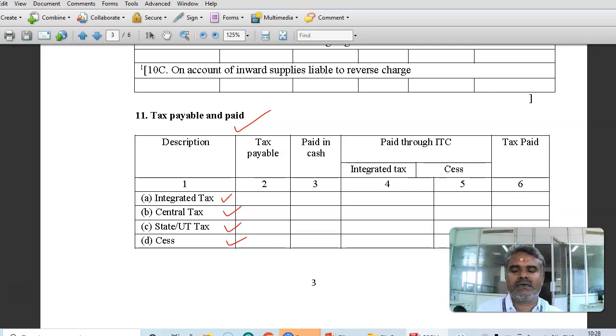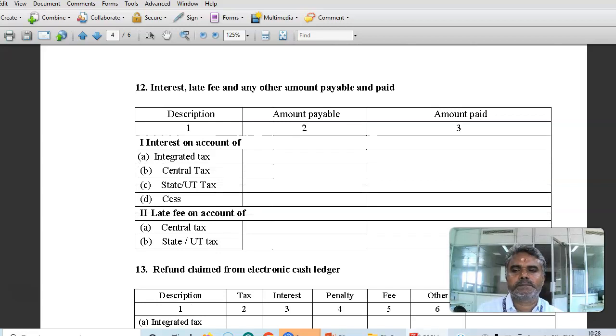But here this is adjustment only. Then interest, late fee and any other amount payable and paid.